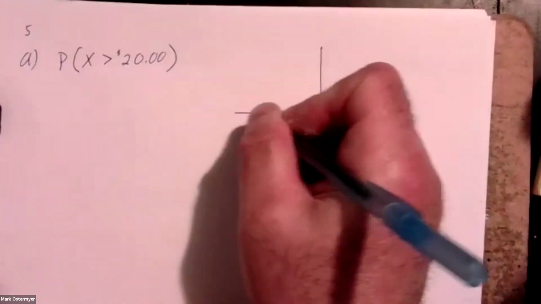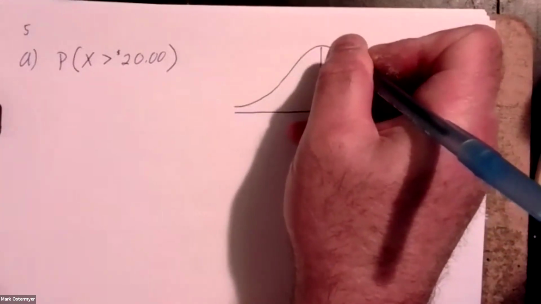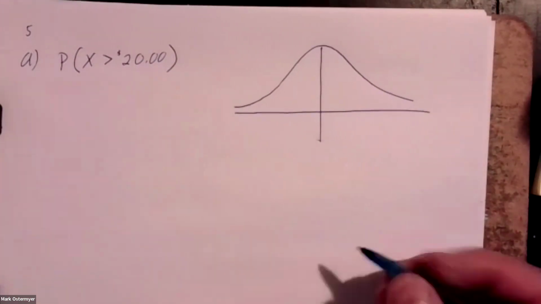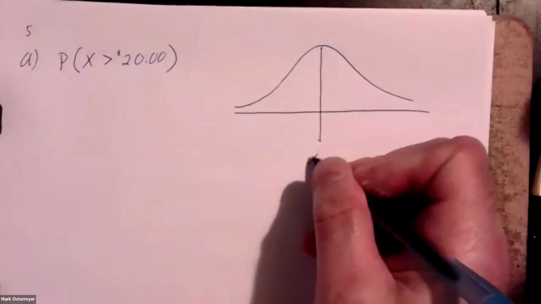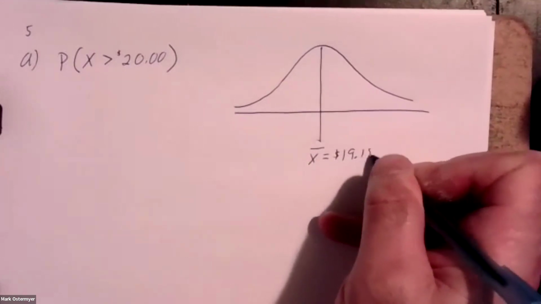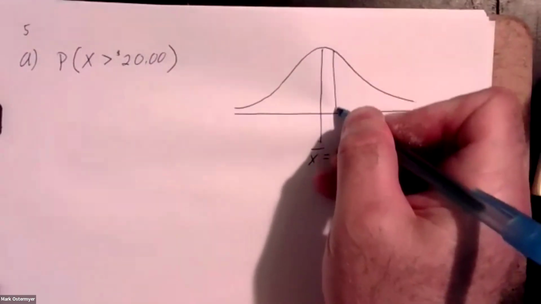Drawing a picture of the area that corresponds to this probability, here is the normal distribution of the hourly wages. And they indicate to us in this problem that the mean hourly wage is $19.15. So $20 is going to be a little bit above that.